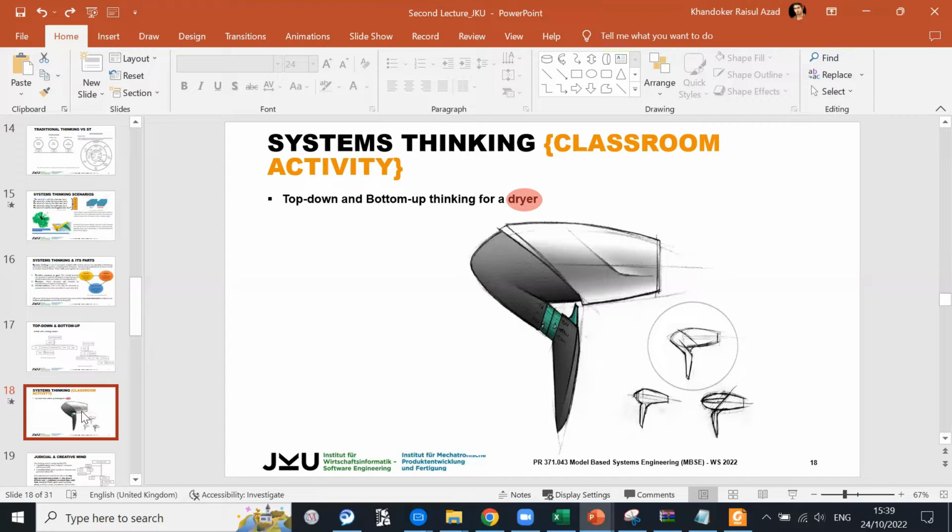Okay. Anything we need? To increase the pressure of the air, if you want to. That is actually related with the structure, and the electrical parts. So this I will come later on. So electrical parts, maybe switches. Yes.